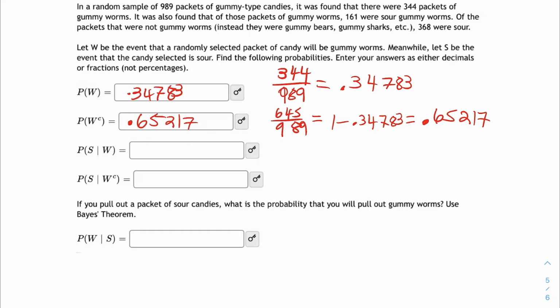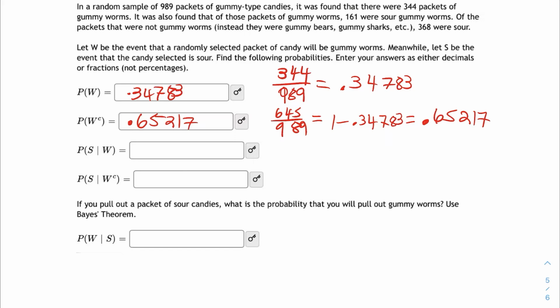All right, now they're asking for some conditional probabilities. So the probability of being sour given that you were a packet of gummy worms. Well, we're only looking at the 344 packets of gummy worms, and of those 344 packets, 161 were sour.